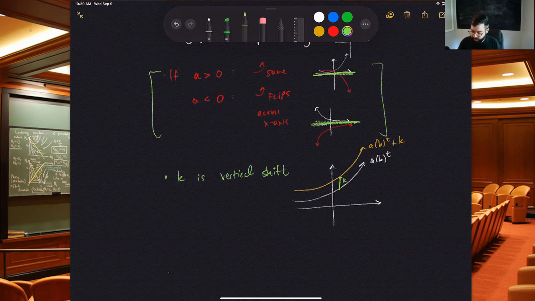Okay, so it is literally just take the same graph and move it up. So likewise, if this was the point 0a, my y-intercept, then this point up here is going to be what? 0a plus k. Takes everything and shifts it up by k.